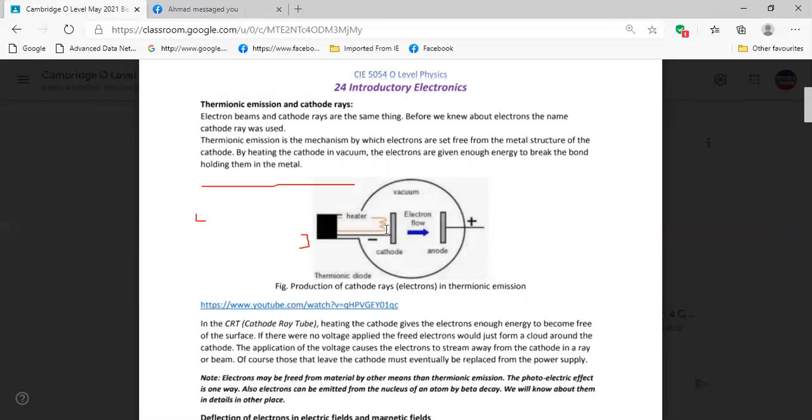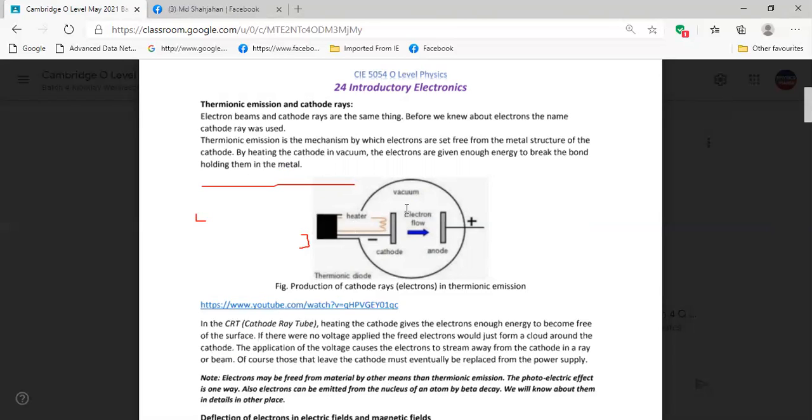Negative means there is plenty of electrons stored here, right? That's why it is negative. So the electrons flowing from this hot filament are filled up by this cathode. It will replace that place from this power supply.